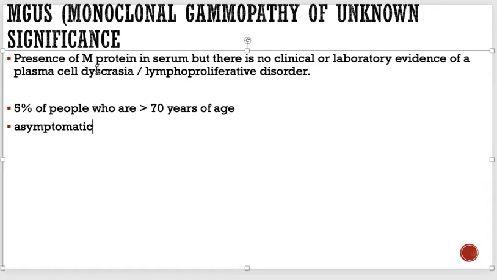So what I'm saying is that there is presence of M protein in the serum, but there is no clinical or lab evidence of any other condition. Of course, there will be no clinical features when there are no symptoms, so the patients are asymptomatic.